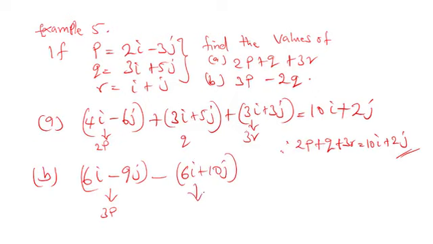This is our value for 2q. If you do this, you have 6 minus 6, which is 0, and minus 9 plus 10, which is 1. So our value is 1j, which can be written as j. So the value of 3p minus 2q is equal to j.